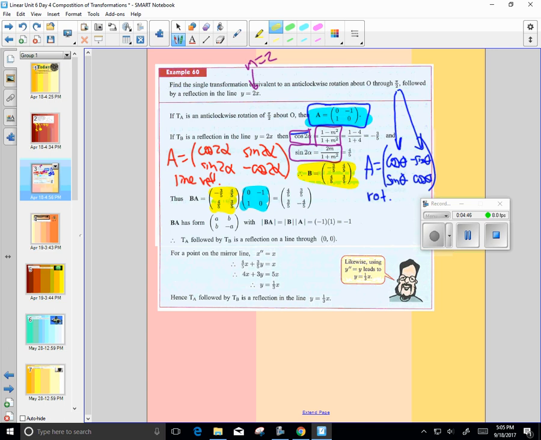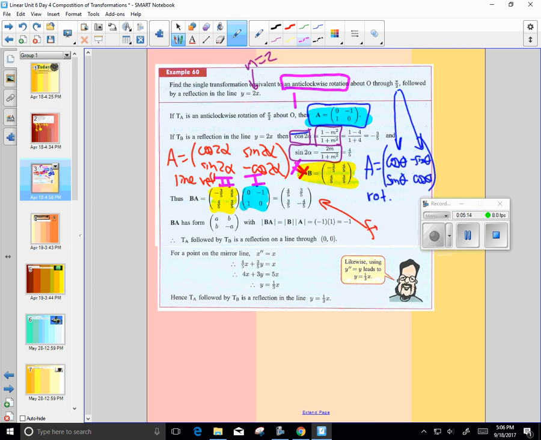So make sure that you do it in the reverse order. So this is what I did first, according to the problem. That gives me my A. This is what I did second. This is what I did for B. So I put B first, and then I put A. And then when I multiply those out, this is the transformation that I get.